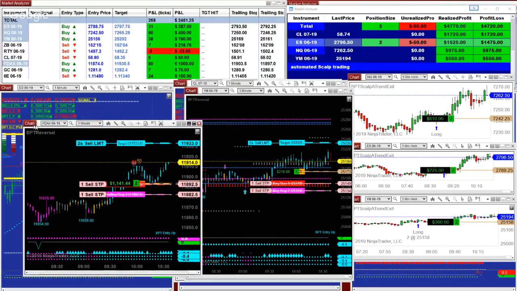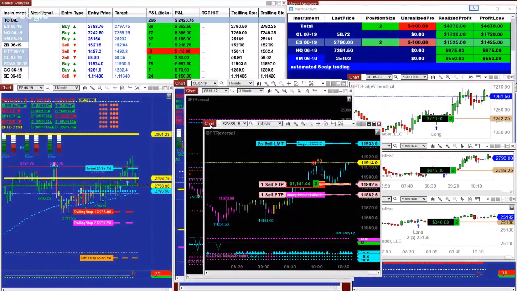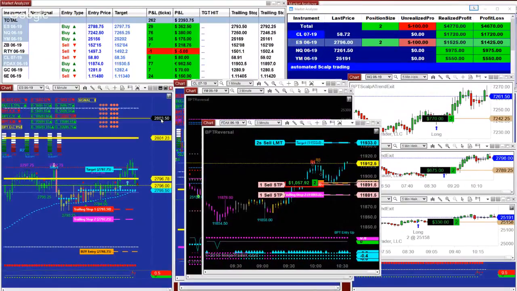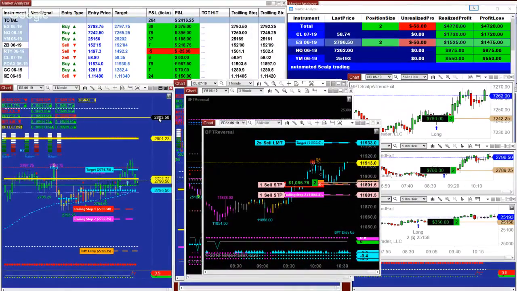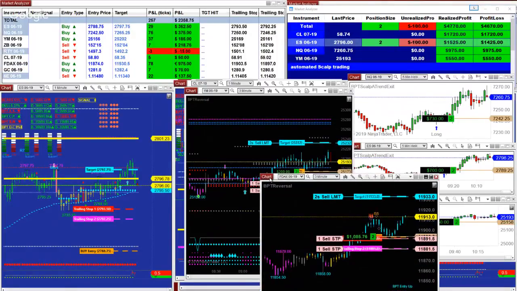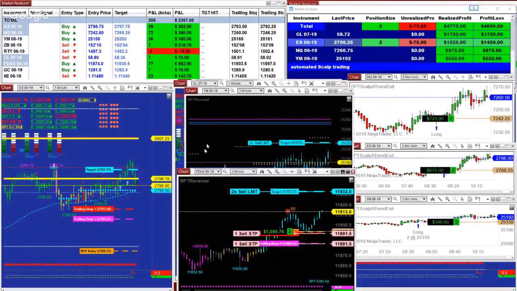Let's see if we can get a signal. After we hit the target, it is over. So now we are expecting a little drop and to see if we can get a short signal on those futures markets. Profit taking.